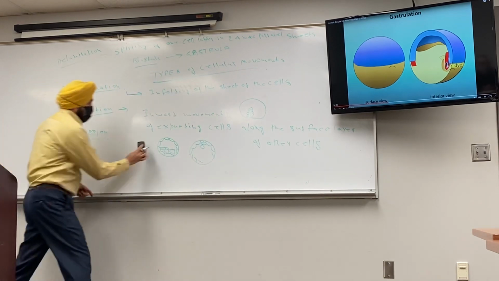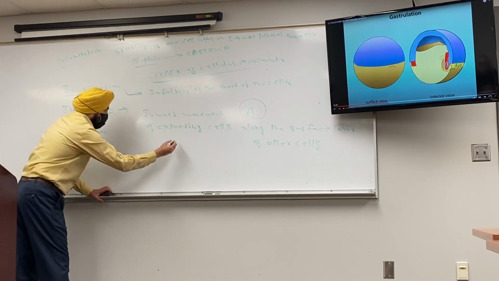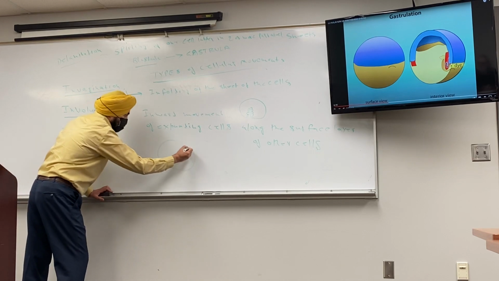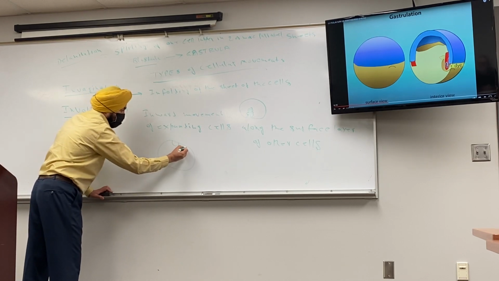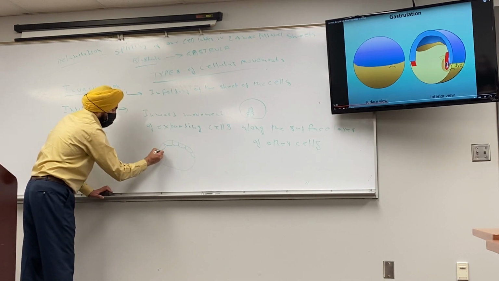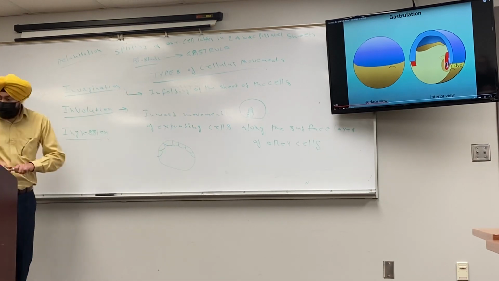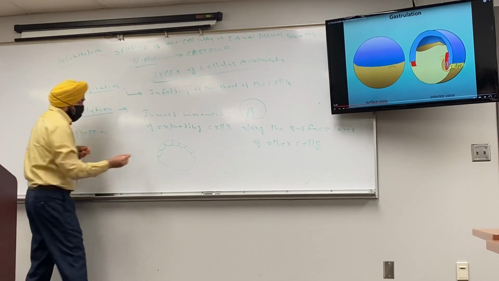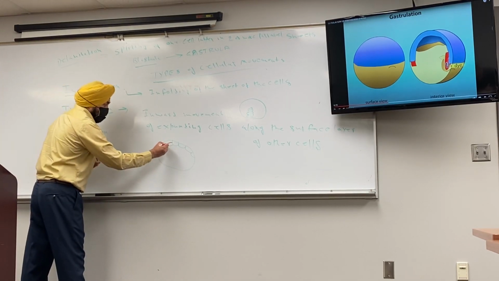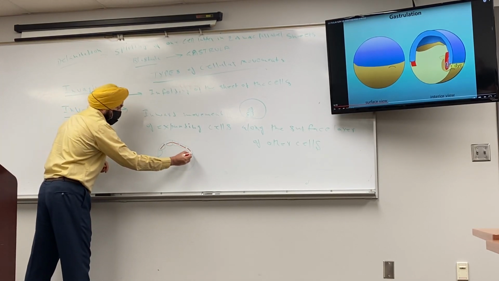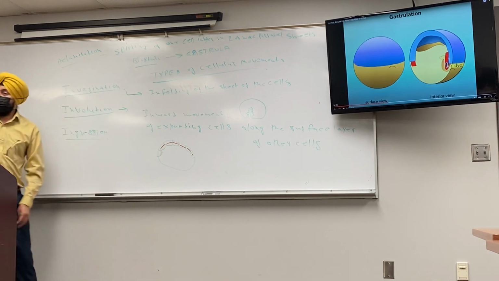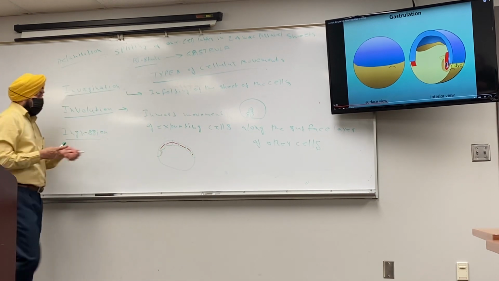So, for example, you have these cells there. These cells divide in a way that they divide from the center like this, from the center like this. And when they divide from the center, what happened?